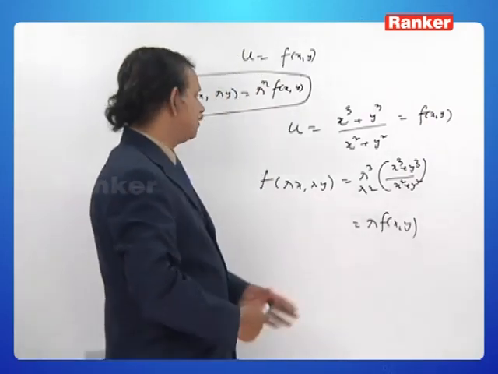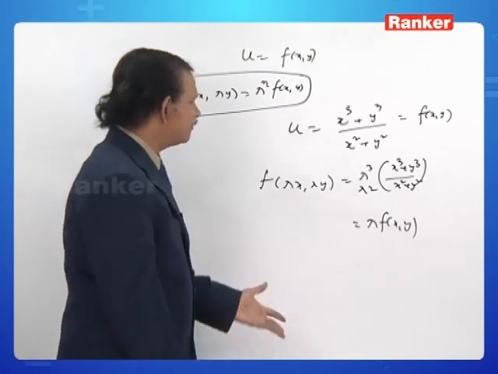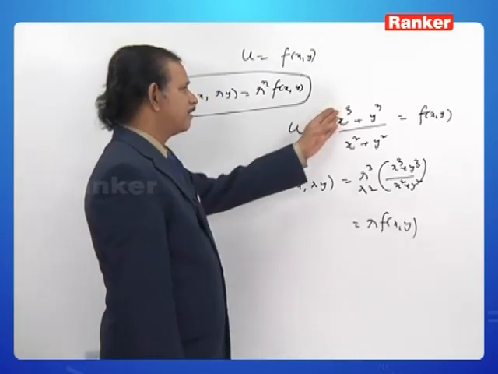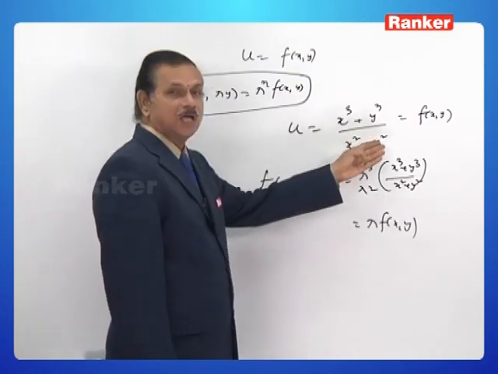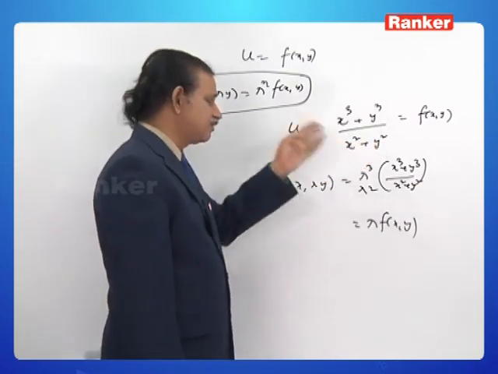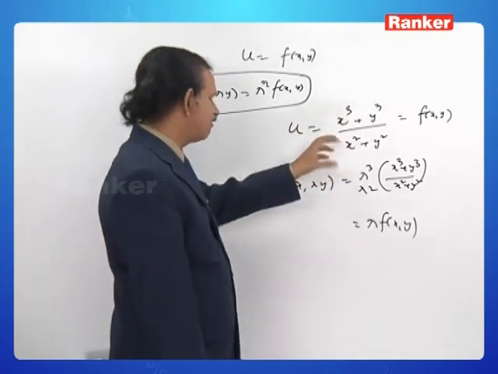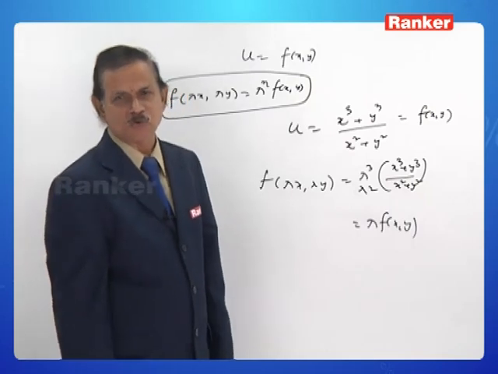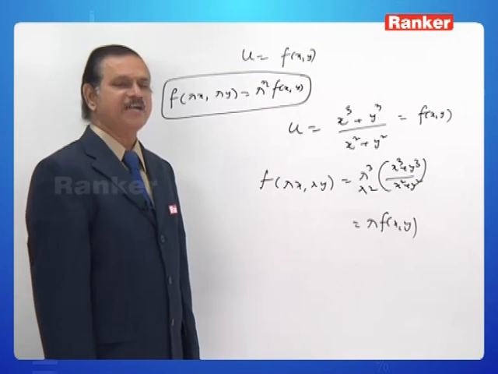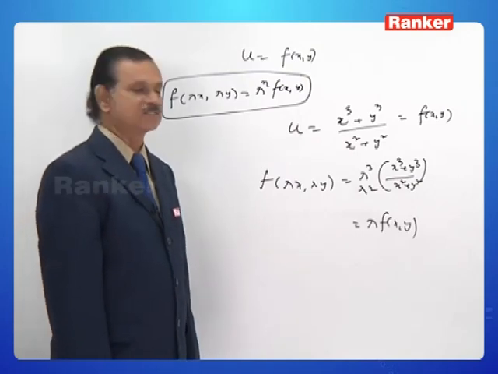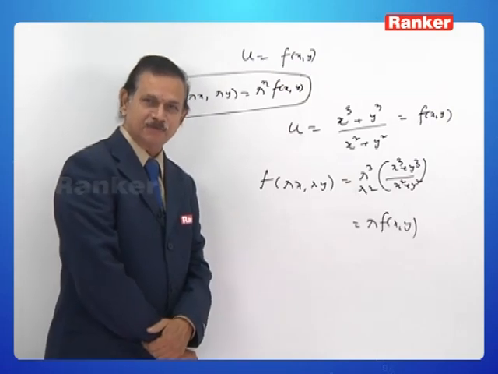So this is a homogeneous function of degree 1. To observe practically, every term of the numerator must be of the same degree, and every term of the denominator is of the same degree. Then the rational form can be homogeneous. The basic concept to say that a function is homogeneous is f of lambda x comma lambda y is equal to lambda power n into f of xy.